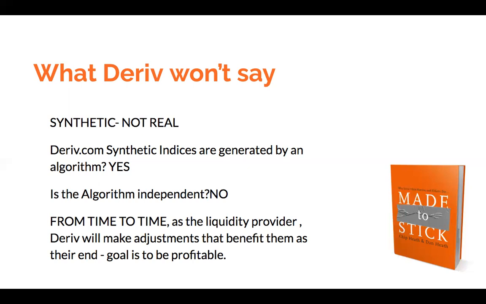When people find out how to beat a system, the programmers try to change the code so that the program can still run and generate profits for deriv.com. So that's one thing you need to know.